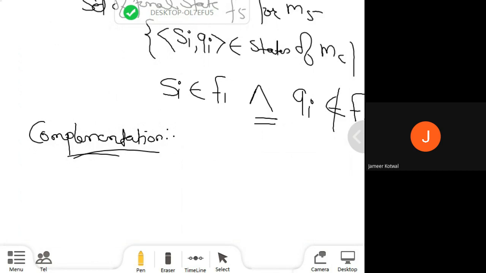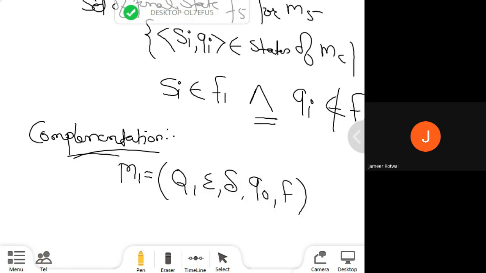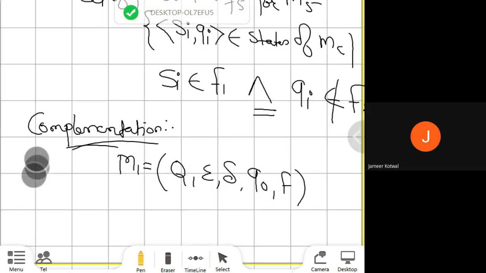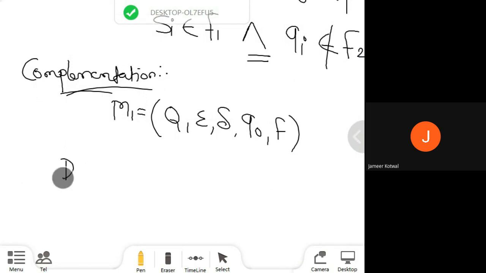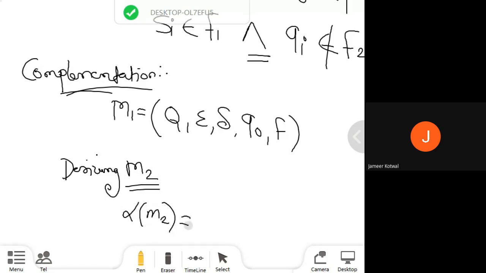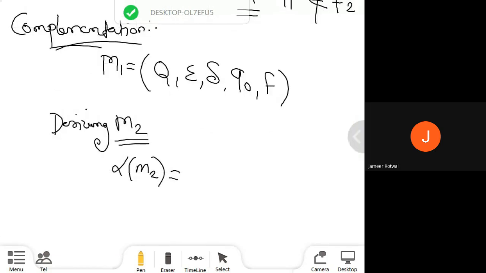It means that if the machine M1 contains the set of states, input, transition, initial state, as well as the final state, right? So here when I want to derive a machine M2, deriving machine M2 for the purpose of complementation, we say that the language of machine M2 is equal to the language of machine M1 complement.